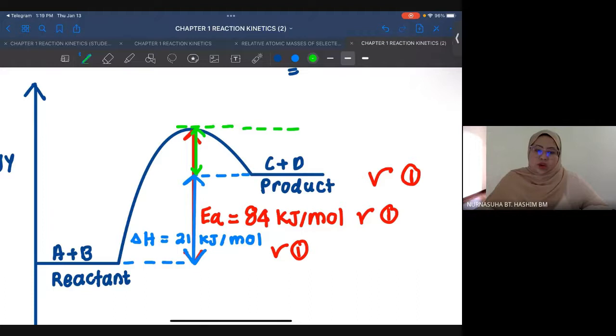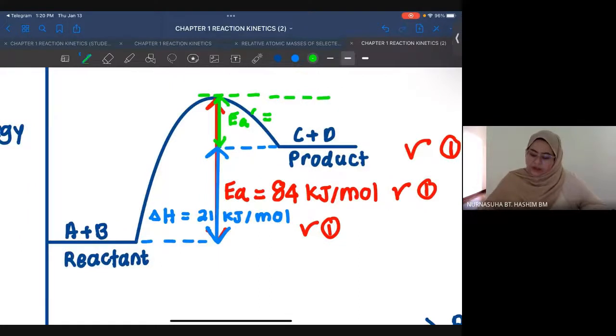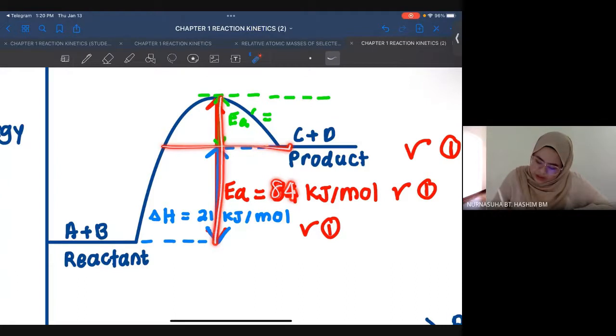Okay, so this is EA reverse. Okay, disuruh kira ke? What is the reverse activation energy? So basically senang je yang ni, kita dah ada value bukit ni. So the value here is 84, kita tolaklah dengan enthalpy change. So you should get berapa ni, 63 kilojoule per mole.